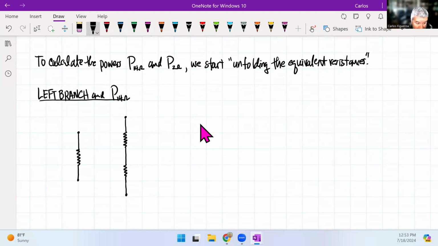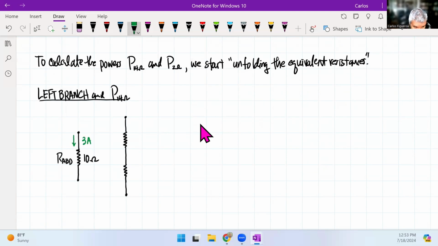So this guy is our RABD. And when I look at this, this is a 10 ohm resistor. So I see that I have a current coming in that's 3 amps.